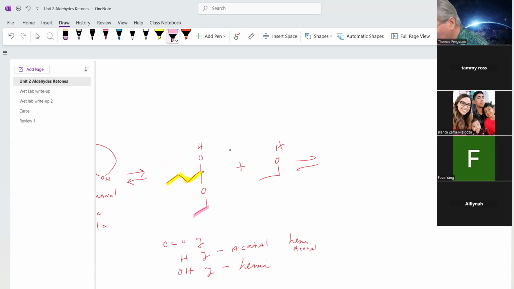So we have our yellow primary backbone, anomeric carbon. We have our two alcohols.